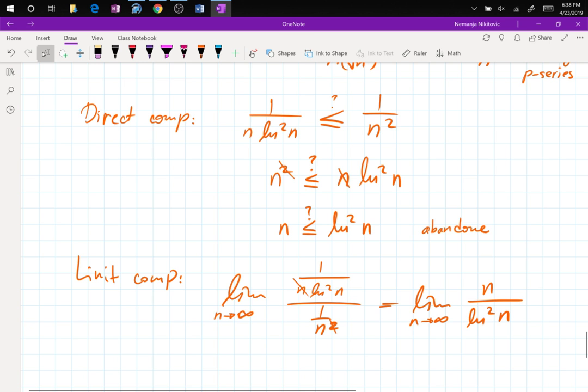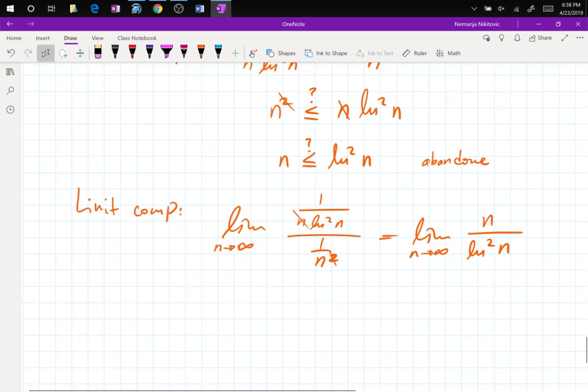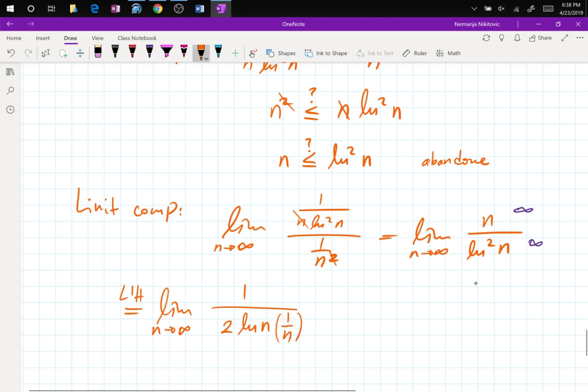What you need over here is either a 0 or a finite value. You cannot get infinity, right? So now, what do we have over here? Well, when you plug in infinity, you get infinity over infinity. So hello, L'Hopital's rule. So this is equal by L'Hopital, limit, it's by Bernoulli, not L'Hopital, but that's okay. 1 divided by 2 ln n times 1 over n as the chain rule.